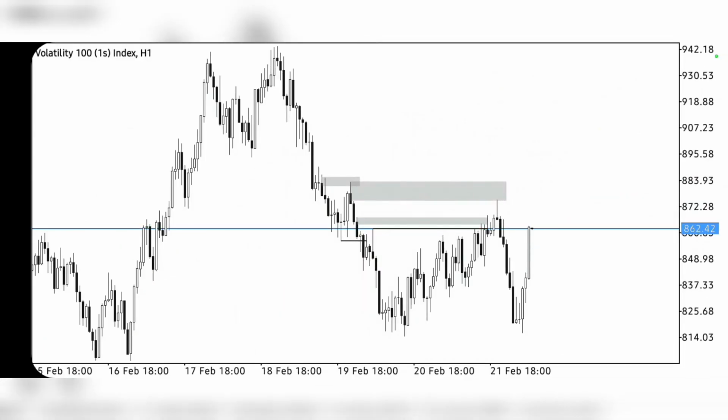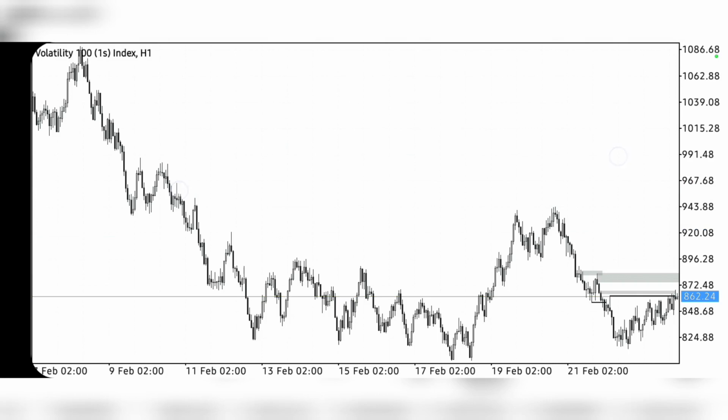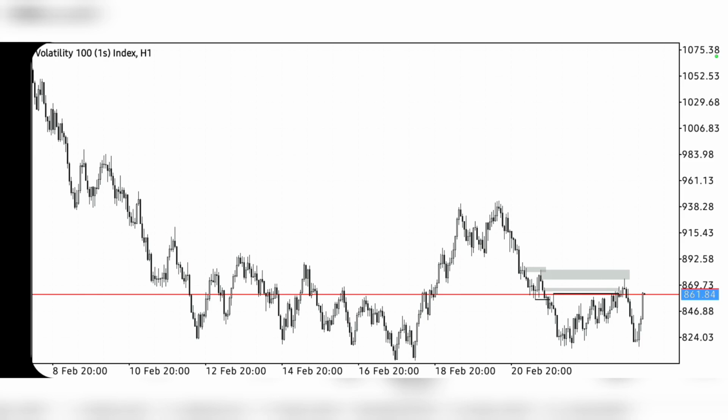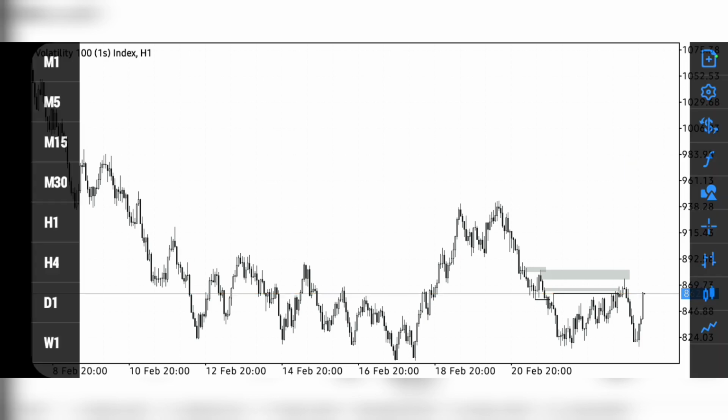All right guys, so let's go into it. Like I always say, you should start your analysis from a very higher time frame, a higher perspective, so that you can be able to know what the market is saying. You can be able to decode what the market is telling you. So you need to start your analysis from the higher time frame.